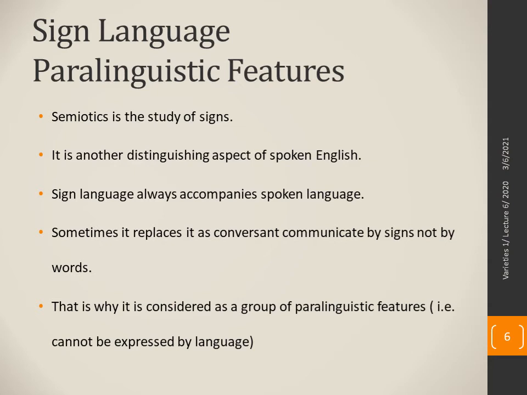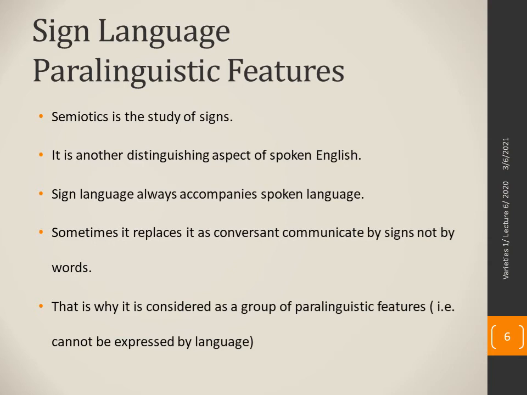Sign language always accompanies spoken language. Sometimes it replaces it, as conversants communicate by signs, not by words. Sometimes we can carry on almost a whole conversation by means of paralinguistic features.